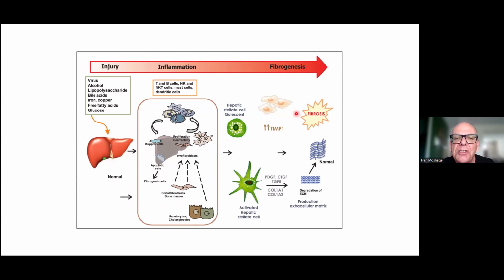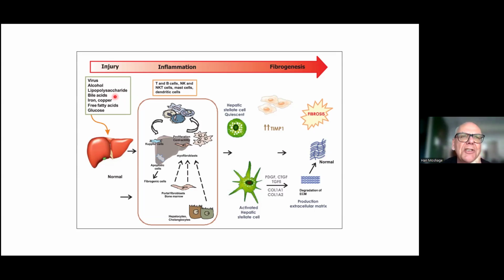Now, I'd like to discuss in a little bit more detail what is going on when you have liver injury, because that is what we are studying at the University of Groningen, the mechanisms of liver injury, liver inflammation, and fibrogenesis. Here we have a scheme at the cellular level. So again, we have the healthy liver, normal liver. We have the injury, which can be virus, alcohol, bacterial products like endotoxins or lipopolysaccharides, excessive bile acids.